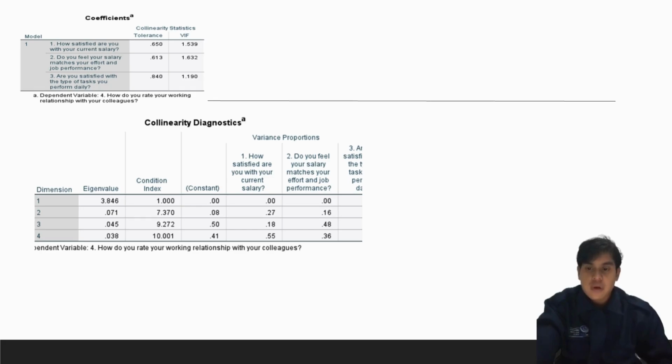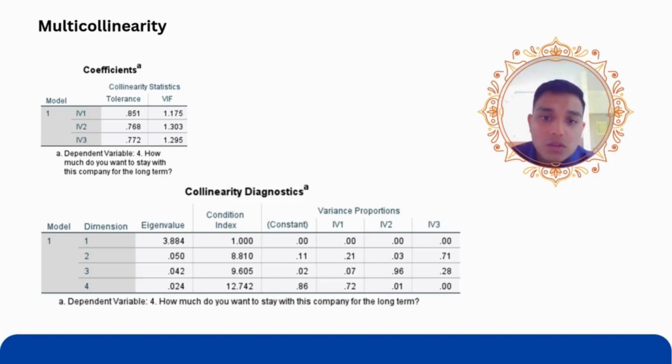For collinearity statistics, the VIF is 1.539. Okay, about multicollinearity, analysis of IV1, IV2, and IV3. Firstly, we look at IV1, job satisfaction.